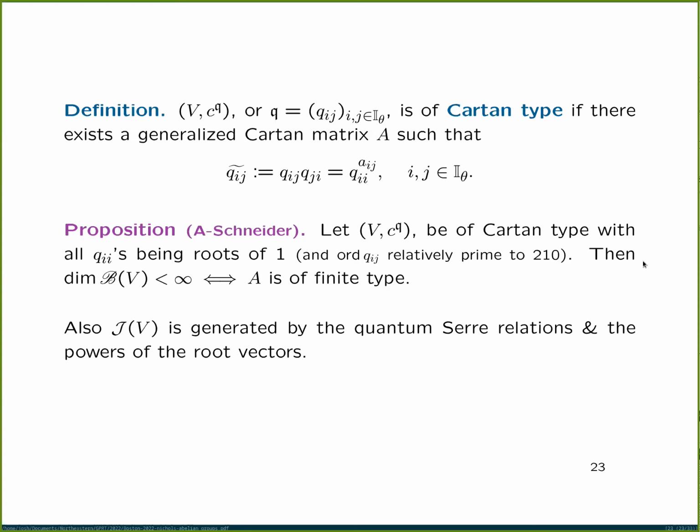This is by the previous lemma, and the ideal of B in this case is generated again by the quantum Serre relations in the proper way and the powers of the root vectors.